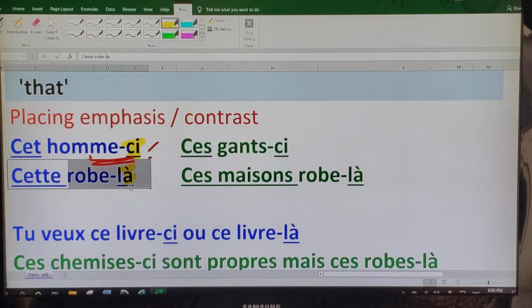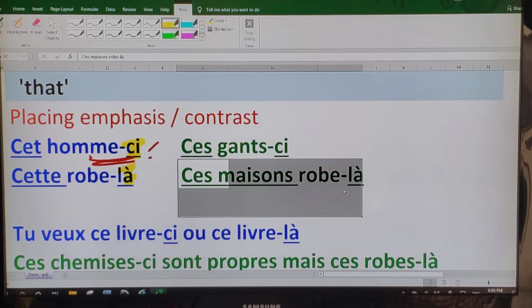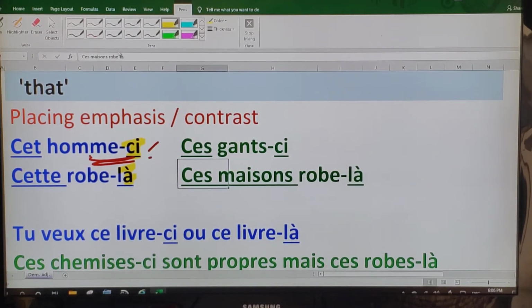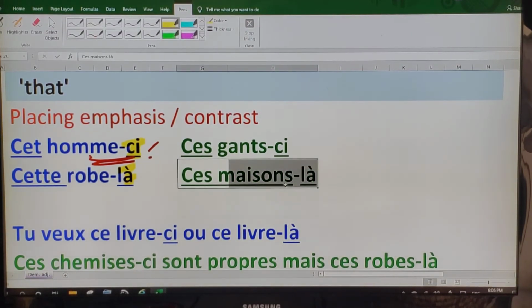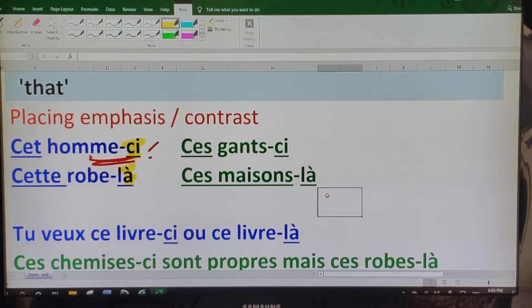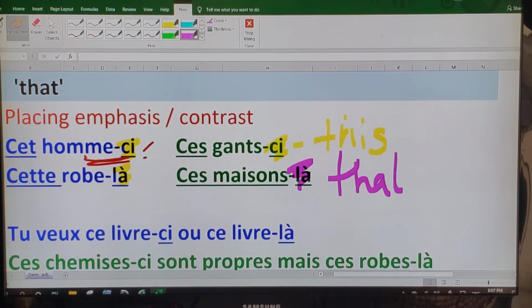It means that dress. In plural, "ces gants-ci", these gloves. "Ces maisons", sorry, this has to be "ces maisons-là", not robe. So if it's "ces maisons-là", it means those houses. So the word -ci means this, and -là means that.